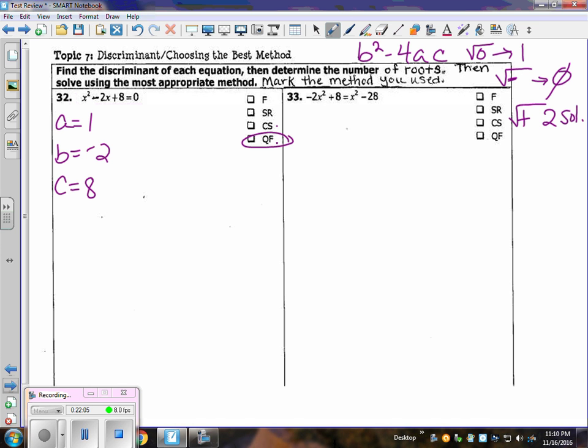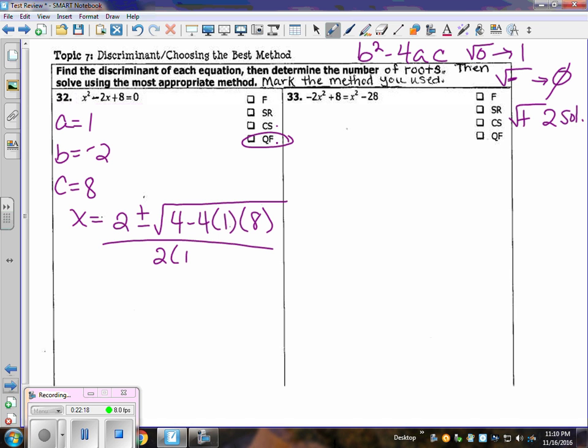And here we go. So we've got x equals opposite of b, so 2 plus or minus square root b squared, 4 minus 4 times 1 times 8, all over 2 times my a.